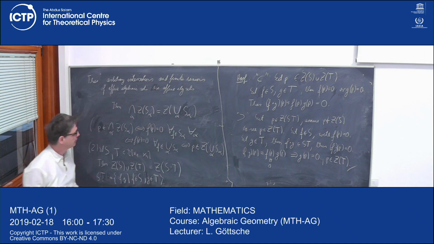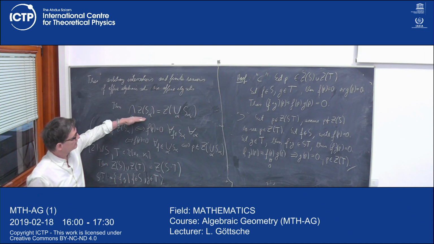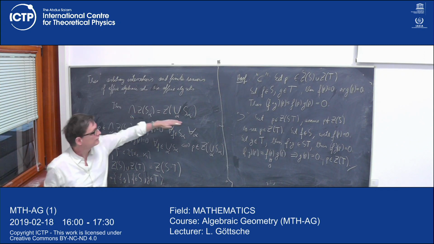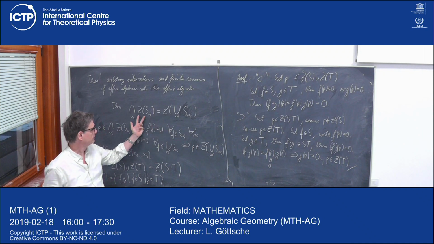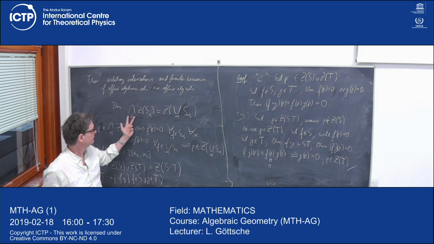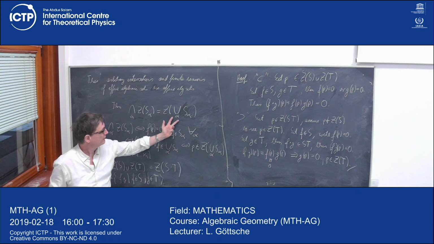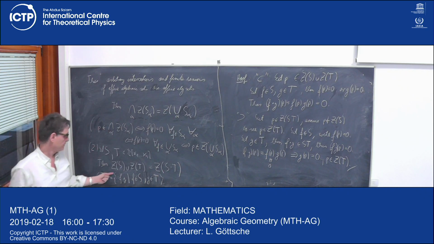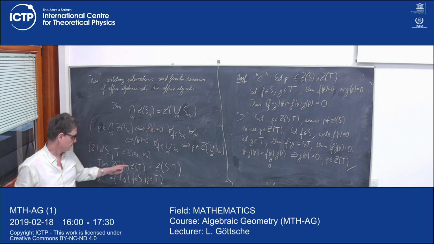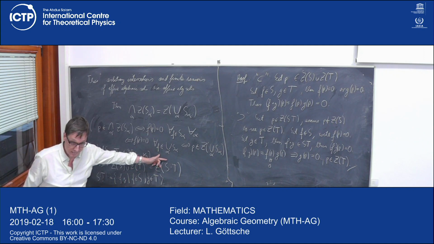Here we have an arbitrary intersection of affine algebraic sets, which is an affine algebraic set. For any affine algebraic set can be written as Z of S alpha for some S alpha, and so we take an arbitrary intersection of them. It's again an affine algebraic set. And the second says the union of any two algebraic sets is an algebraic set.